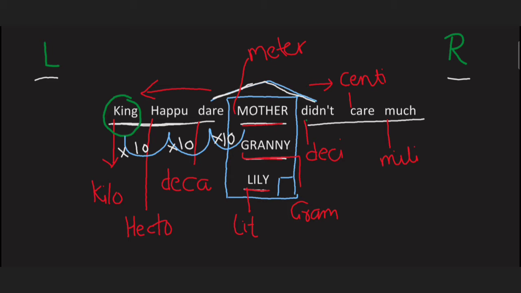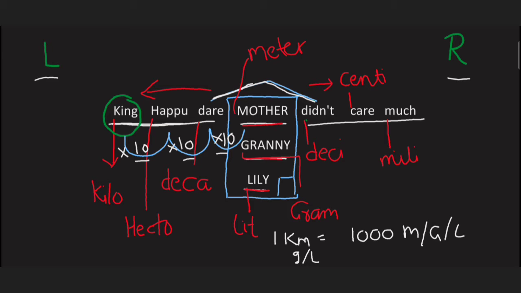You have multiplied 3 times: 1, 2 and 3, and the king has gone to meet the mother. That means 1 k is equal to 10 into 10 into 10, that is 1000 m, or g or L. That means 1 kilometer, kilogram and kiloliter is 1000 meters, grams or liters.